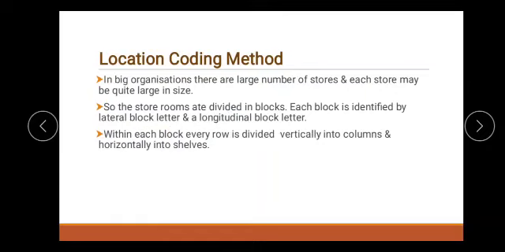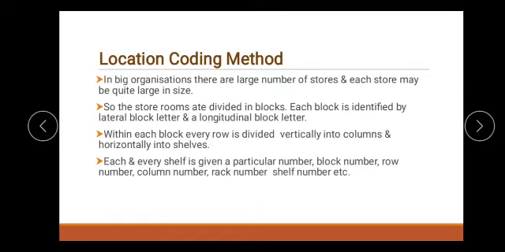Within each block, every row is divided vertically into columns and horizontally into shelves. Each and every shelf is given a particular number: block number, row number, column number, rack number and shelf number, etc.